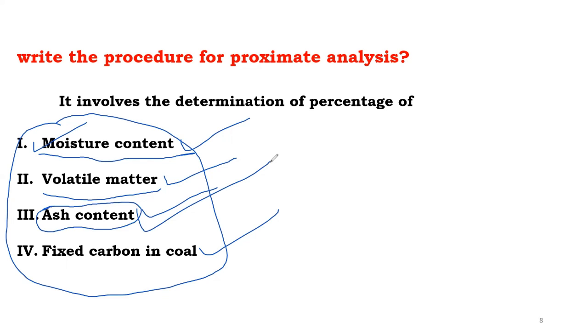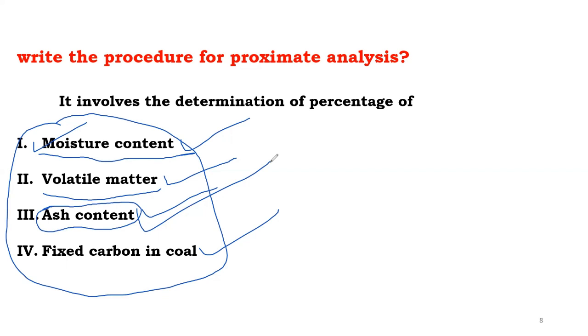Ash is nothing but inorganic substances like minerals such as iron, copper, manganese, and also the percentage of nitrogen present in the sample, or the uncombustible material present in the coal, right? So ash content means once all the combustible material is combusted, the remaining part of the coal sample is called ash content.